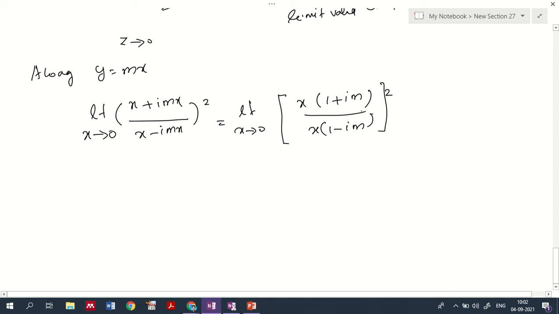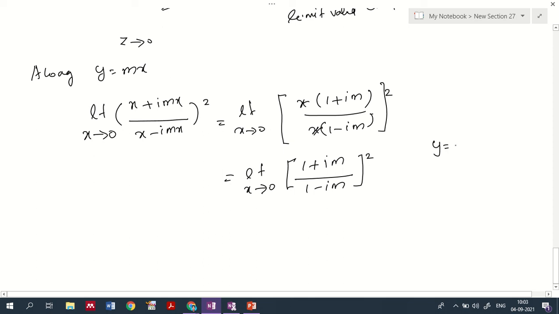Now if I evaluate the limit as x tends to 0, then we can cancel this x here. So I'll be getting (1 plus i m) divided by (1 minus i m), where m is the slope of the line.